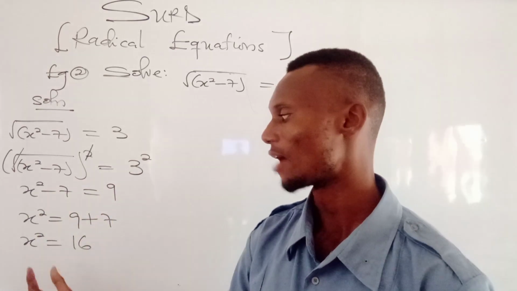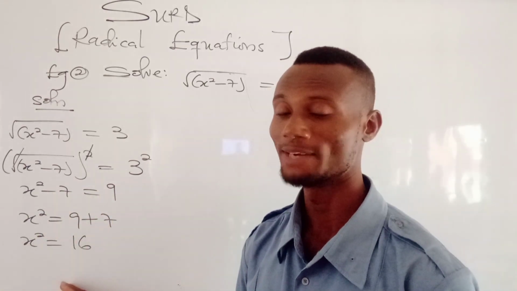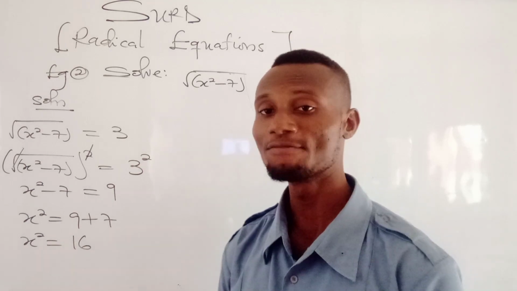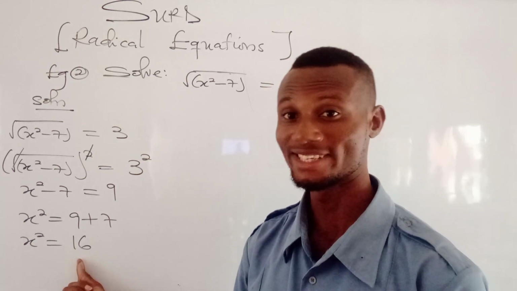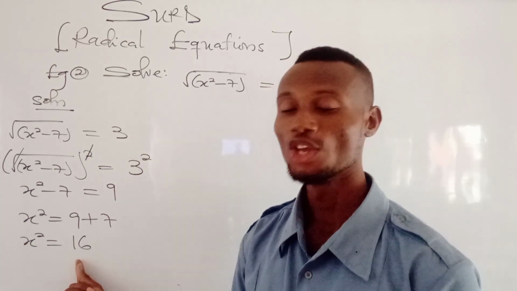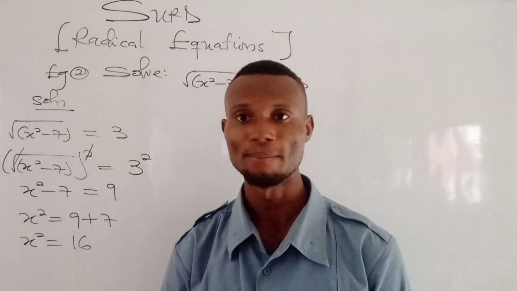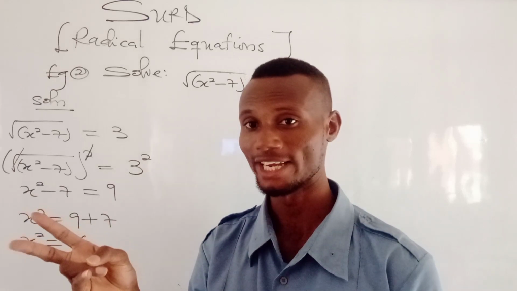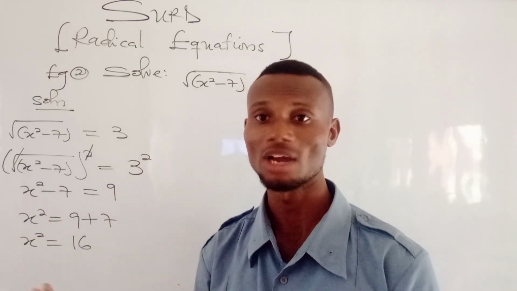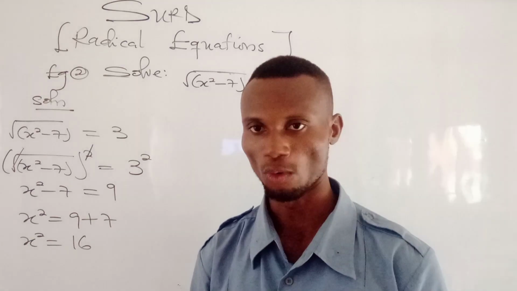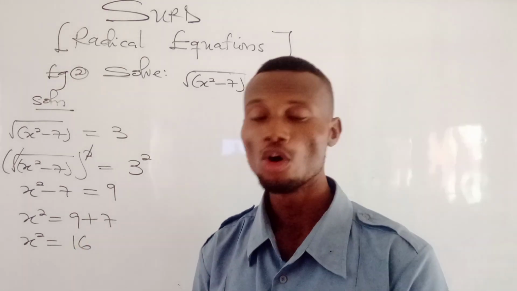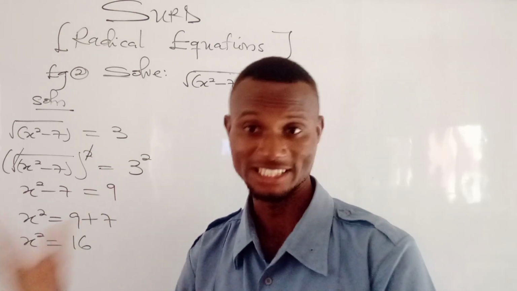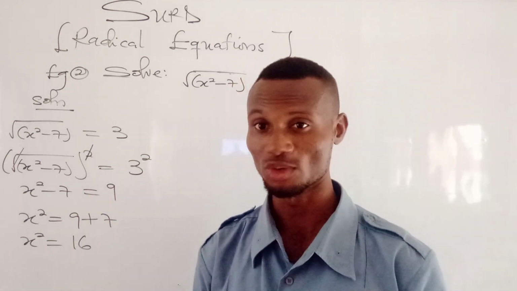If you take the square root of both sides, an average student will write the answer to be 4 for the square root of 16. But you know that the square root of any number gives 2 values. So the square root of 16 is plus or minus 4. It means that our s will be equal to negative 4 or our s will be equal to positive 4. You are supposed to know that.